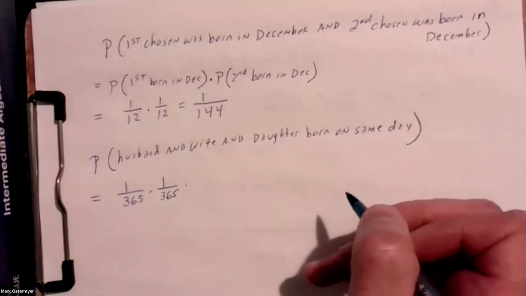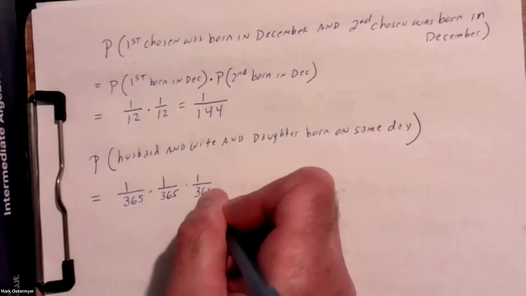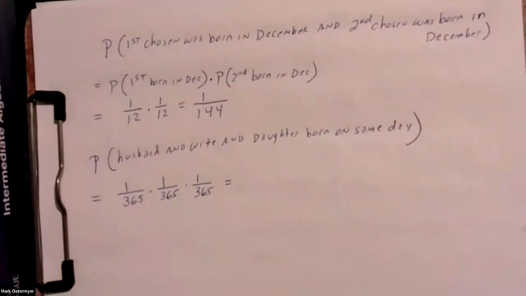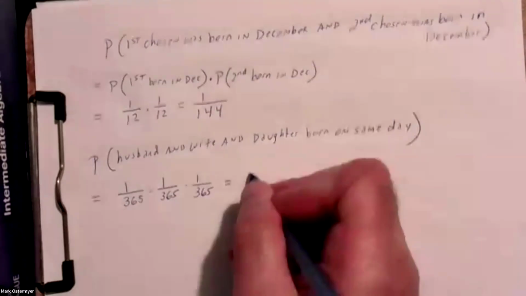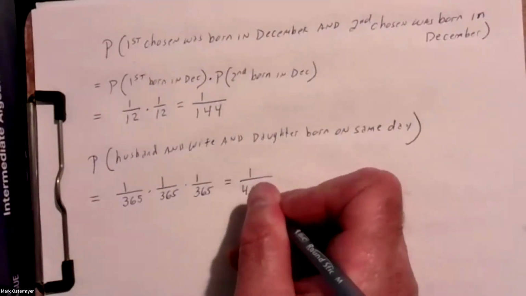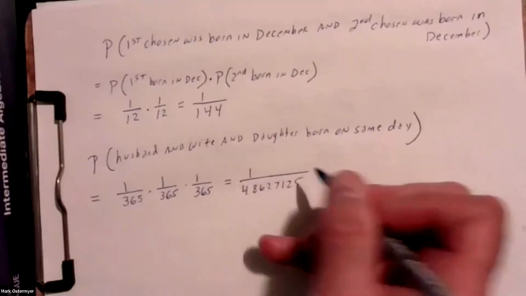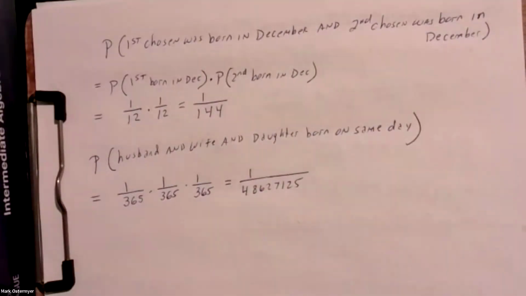Times the probability the daughter's birthday falls on that same day would be 1/365. And there you go. That's the probability that all birthdays fall on the same day. So it's going to be 1/365 to the third power, which is going to be a very, very small probability. Do you agree? To say the least, that all their birthdays fall on the same day. Very, very small chance.